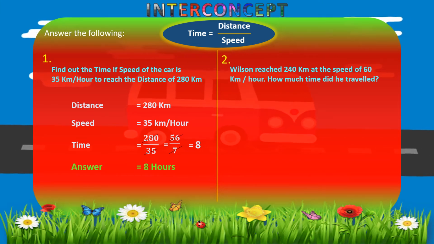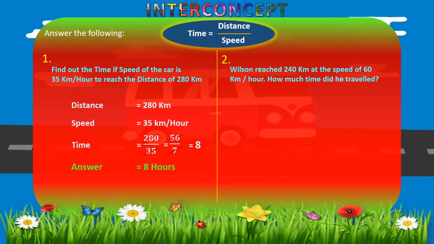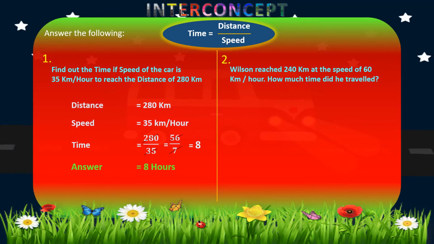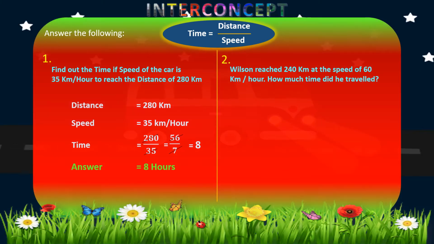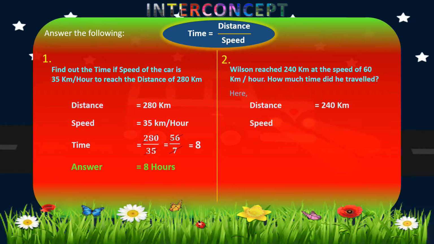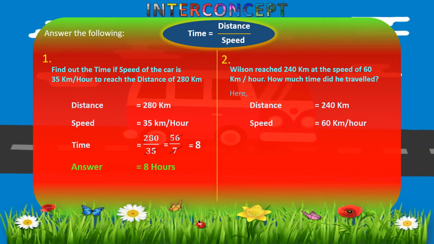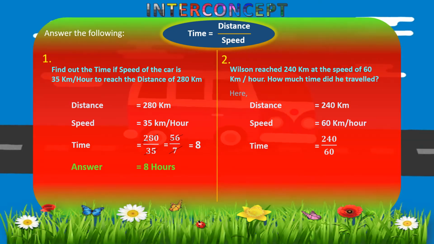And the next one is Wilson reached 240 km at the speed of 60 km per hour. How much time did he travel? Here we find out the time. So the distance is 240 km and the speed is 60 km per hour. Now we find the time.